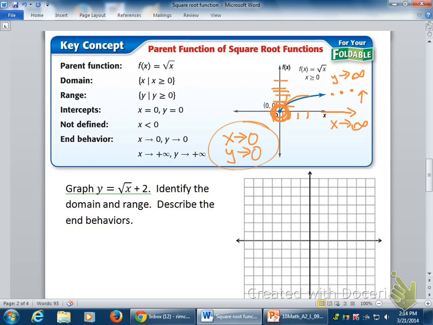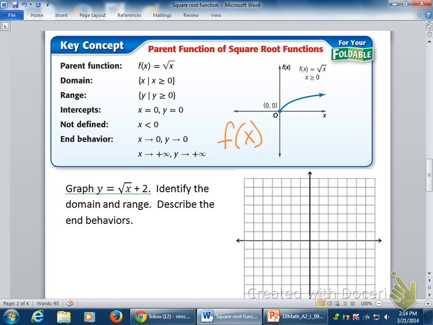Let's take a minute and let's graph one. As we're going to graph these things, I do want you to remember way back when, the first week of school, remember how we could move functions to the left and to the right? How do we move functions up and down? You add some sort of number on the outside, right? Doesn't that move functions up or down? All right. What about moving functions left and right?